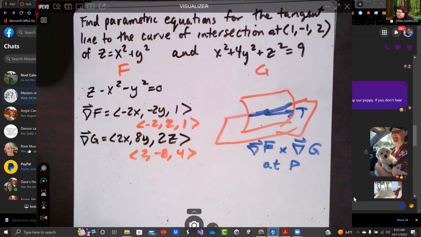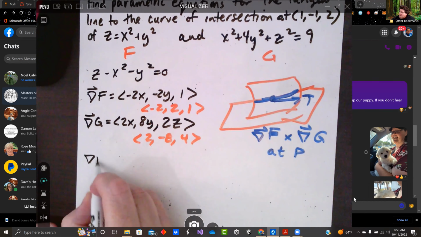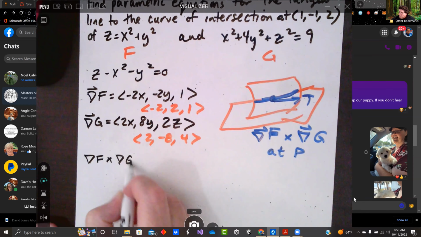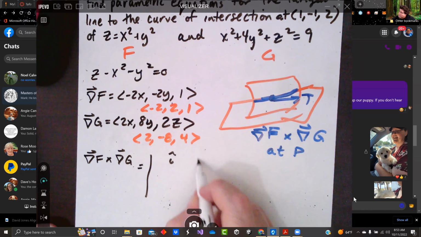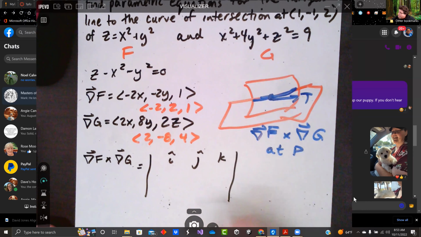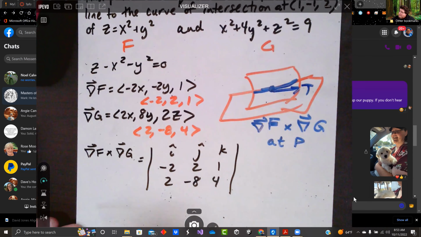So my tangent line will have components in the cross product. I got 8 plus 8 in the i hat.